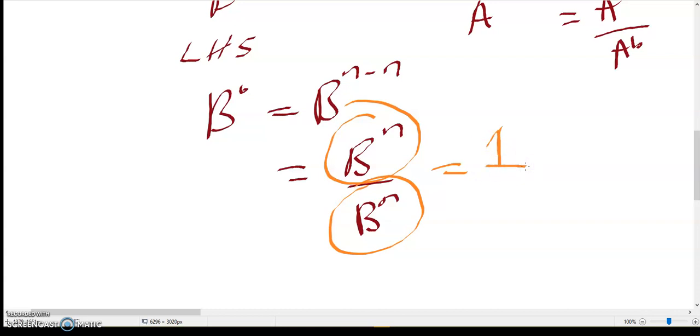So the analogy here is that any number to the power 0 can be written as a fraction with the same value in the numerator and denominator, which is why it gives us 1. So this is why any number to the power 0 except for 0 will always be equal to 1.